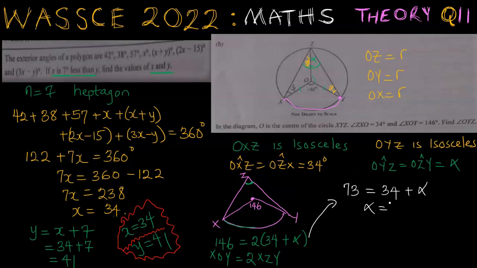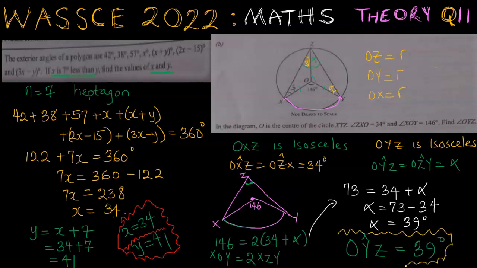Collecting like terms, this is going to be 73 minus 34. And this gives 39 degrees. So the value of alpha is 39 degrees. The next thing is just going to be to recall that the angle OYZ was represented by alpha. Therefore, the angle OYZ is 39 degrees.